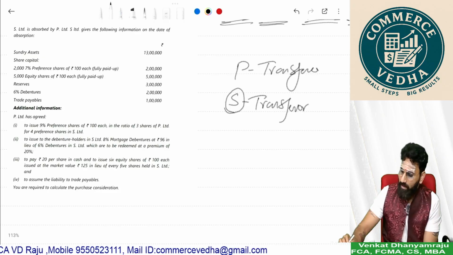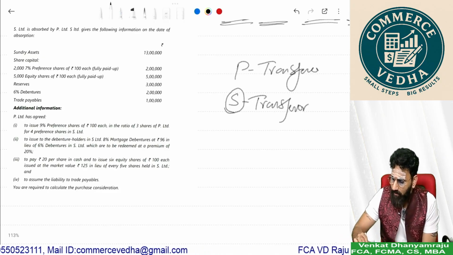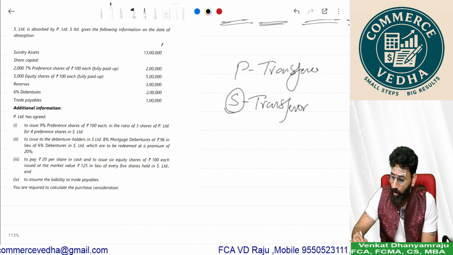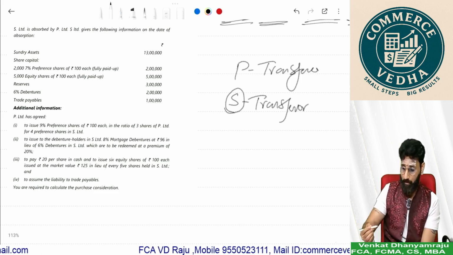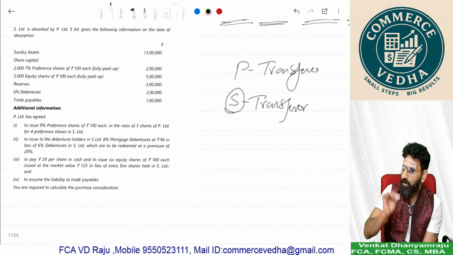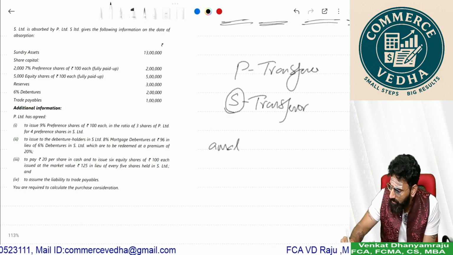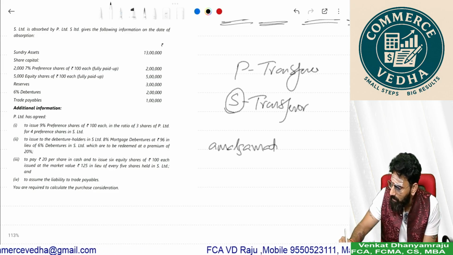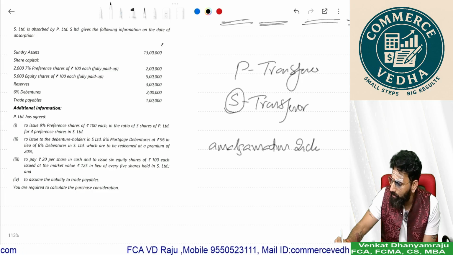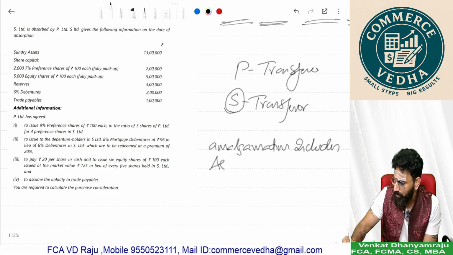Now, the data given: S Limited gives the following information on the date of absorption. See, absorption, as per the standard, amalgamation includes absorption.